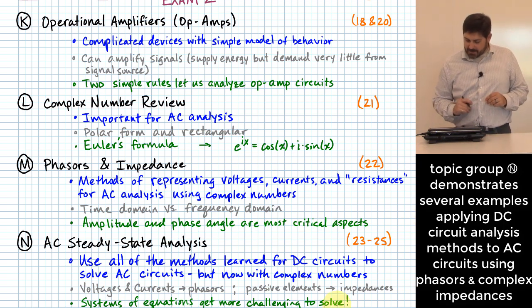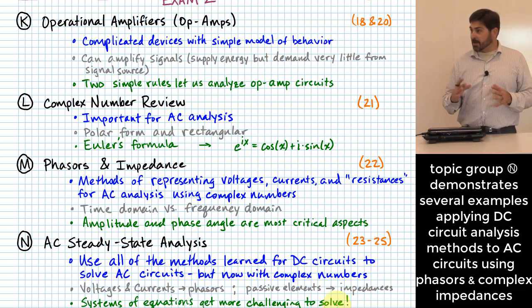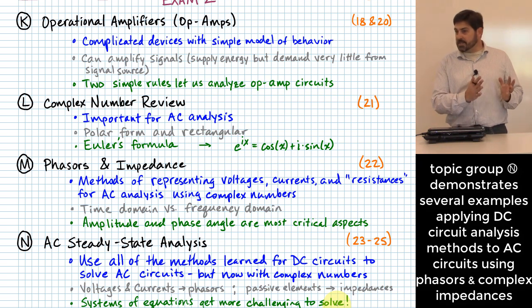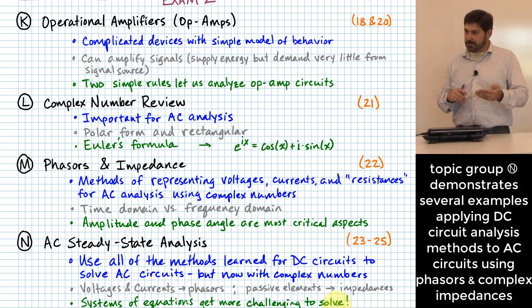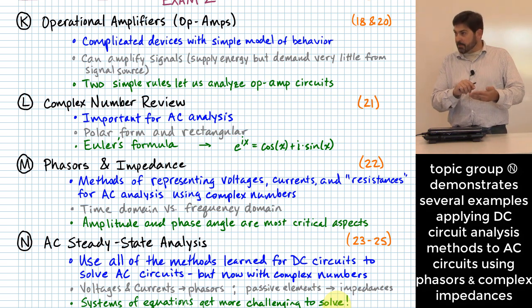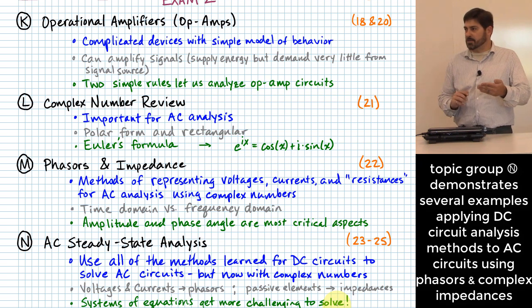Last point that I made right there, let's say you're using some kind of a method that you used in DC circuits, and you come up with a system of equations. And back when we were doing DC stuff, you were using your calculator that you're allowed to use, right? You're restricted to using just FE-approved calculators on your exams in the course, right? So you're trying to punch in a system of equations. If you're doing it in real numbers, your calculator has some really nice tools that will make it very easy for you to solve a system of equations.